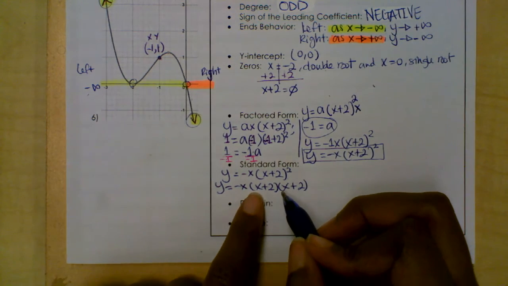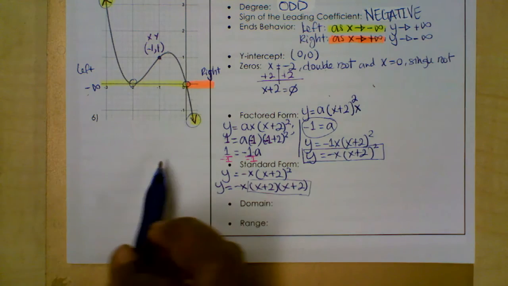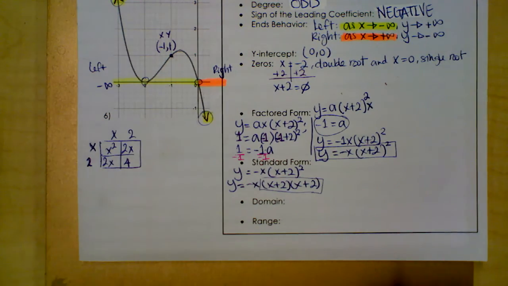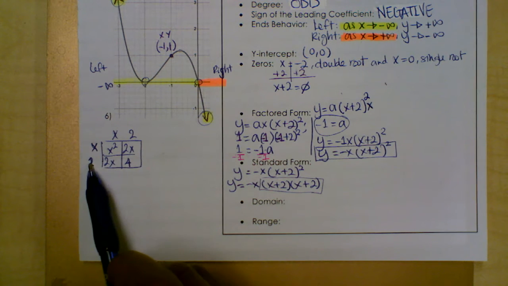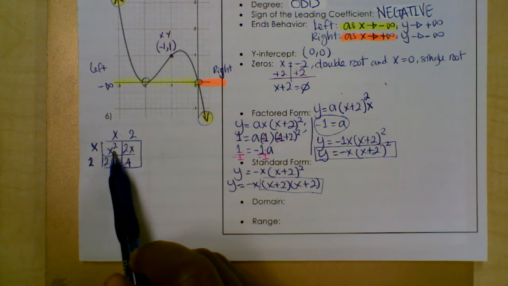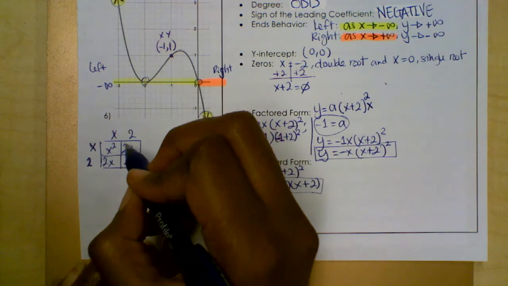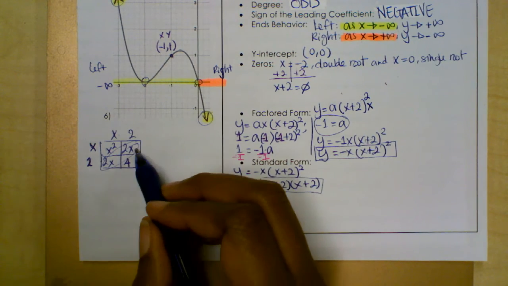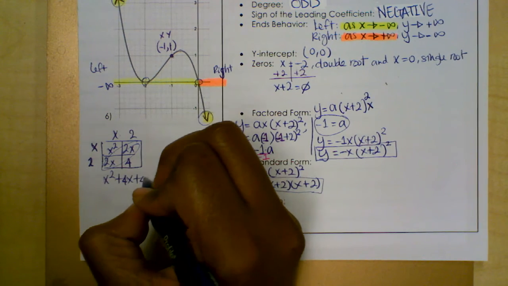So I'm going to multiply those two terms together right here, okay? I multiply the first factor x plus 2 times x plus 2: x times x, x squared, x times 2, 2x, 2 times x, 2x, 2 times 2, 4. And we notice you can combine the two diagonal terms. So I end up with x squared plus 4x plus 4.